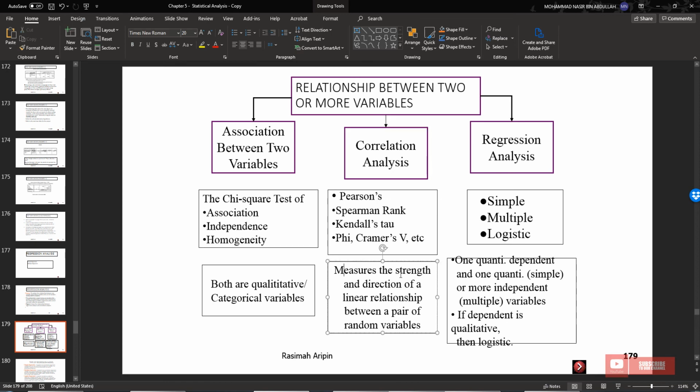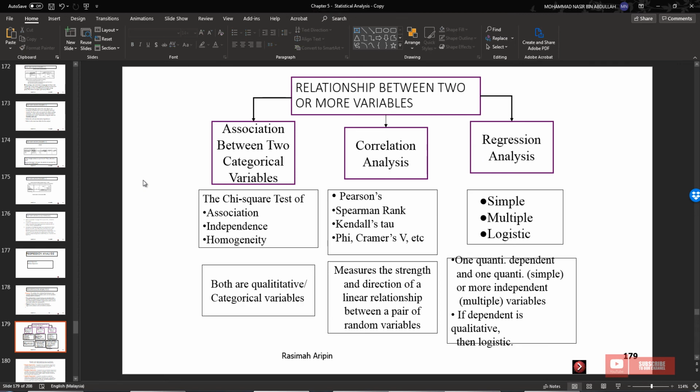It measures the strength and direction of the linear relationship between pairs of random variables. So if you want to measure association between two categorical variables, you can use a chi-square test of association, independence, and homogeneity. So both are qualitative or categorical variables.